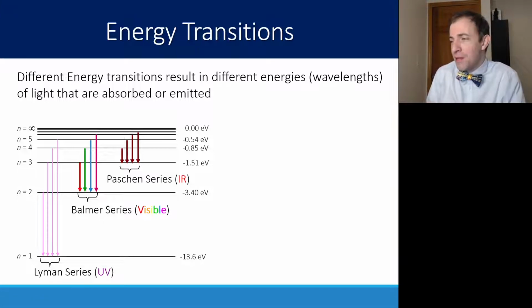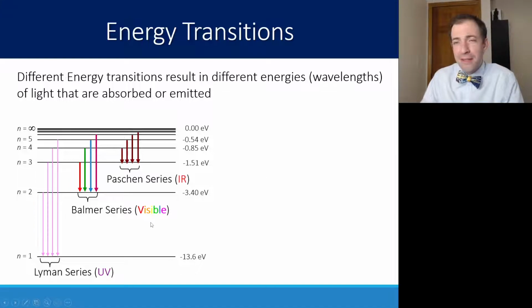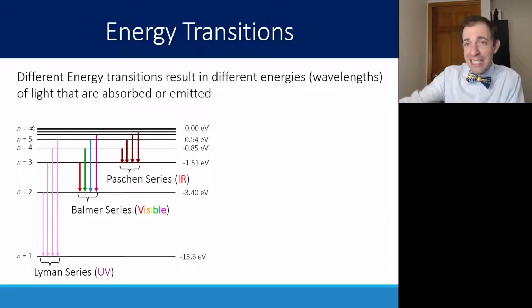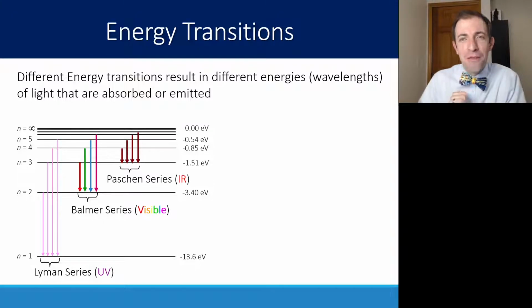These are going to result in light in the UV ultraviolet spectrum. The Balmer series here is visible light, and the Paschen series is infrared. You don't need to know these. It just helps to see how these relate because it's more than just light that we're able to see with our eyes. Other electromagnetic waves are being produced just outside of our own visible range.